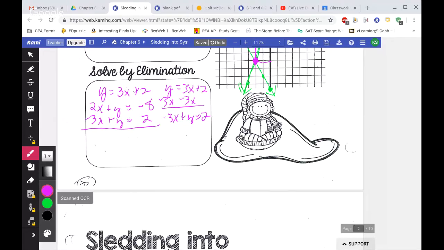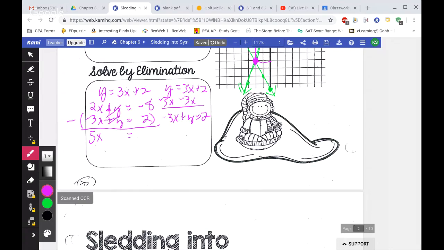So what I'm looking for is the variable with the coefficients that are alike, and that's going to be y. They both have a 1 as a coefficient. Then I check the sign that's preceding it. Both are positive, so that means I'm going to subtract each of the equations from each other, each variable. So 2x minus a minus 3x, that changes that to a plus, so that's 5x. And then these eliminate, which is exactly what we wanted.